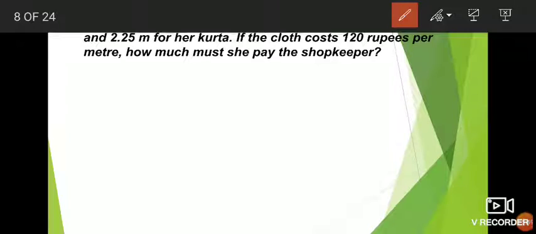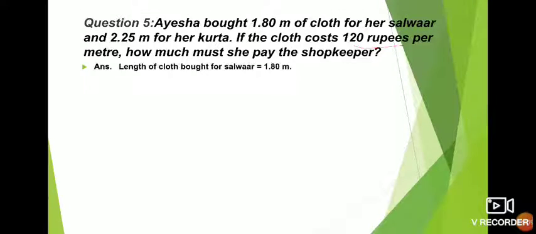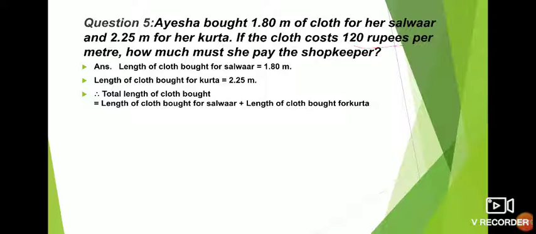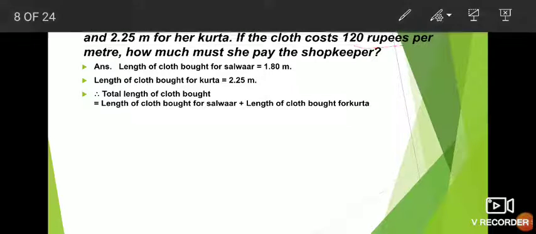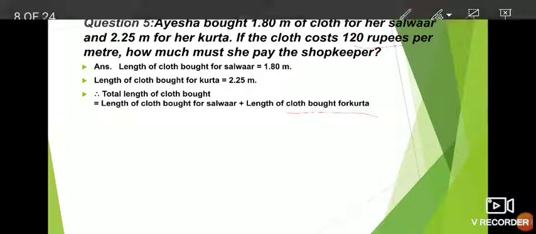First we have to see how much cloth she bought in total, and then multiply by 120 rupees, which means that much amount she should pay to the shopkeeper. Students, see here, length of the cloth bought for the salwar is 1.80 meters, and for the kurta is 2.25 meters. So total length of the cloth is length bought for the salwar plus length bought for the kurta.